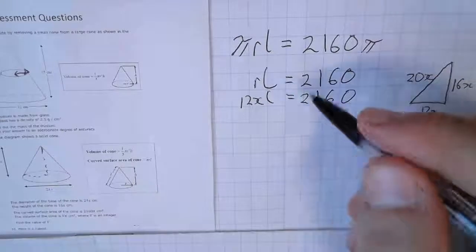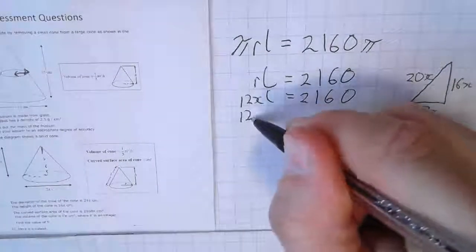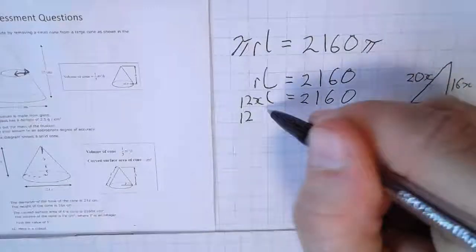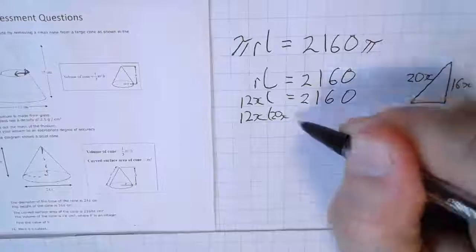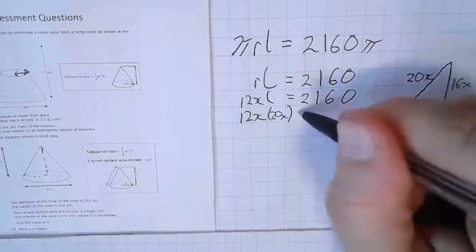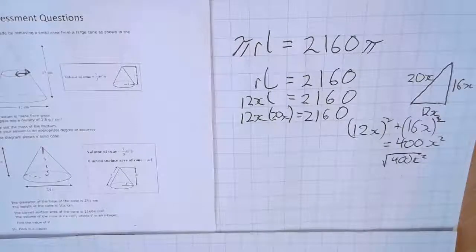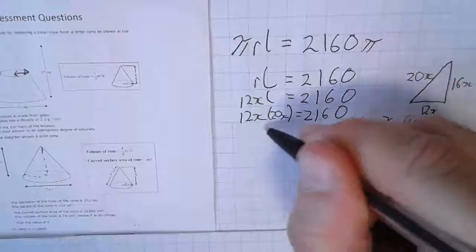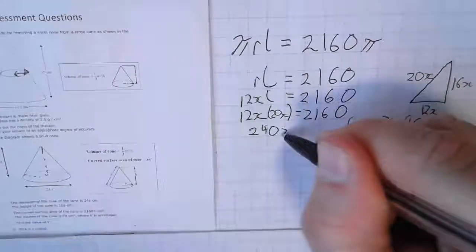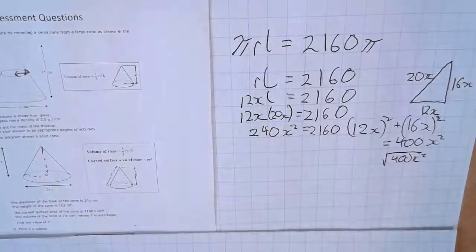So what I've got here, if this is 12xL, I've got 12 times 12x times 20x equals 2,160. So I've got 240x squared equals 2,160.